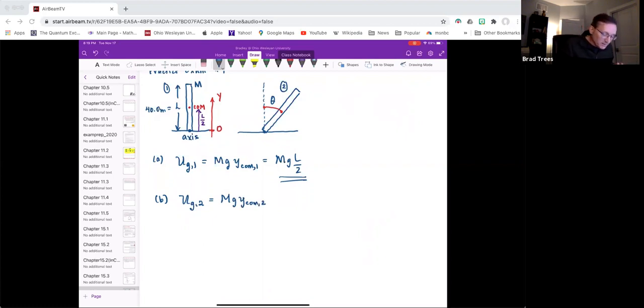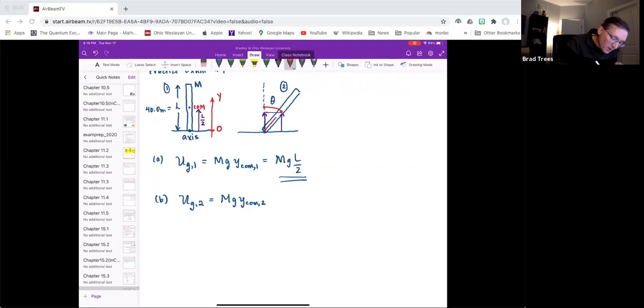Now let's be very clear about how we're going to get that. y center of mass for picture 2 is that height, which if you want, you can go straight over perpendicularly and draw it right there if you want. That might be a little bit more helpful. Why?